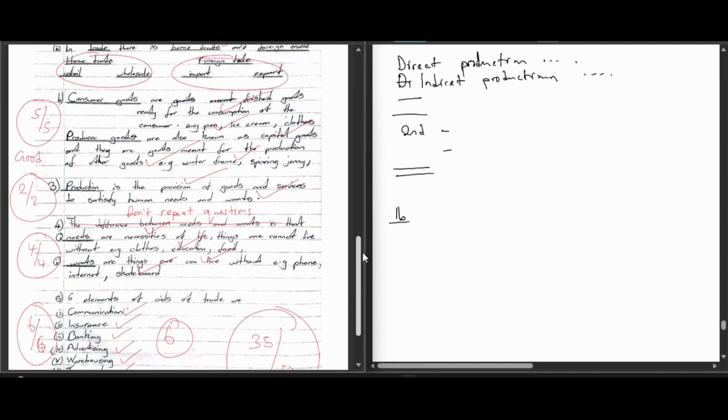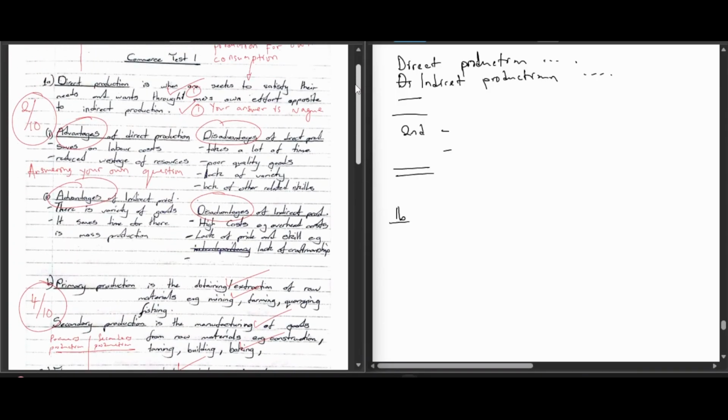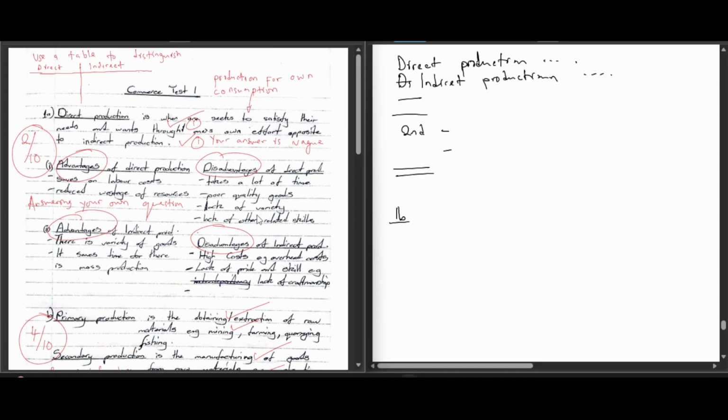But looking at all the other numbers, you answered them correctly. So what I want you to do is repeat number 1. That's your assignment. Repeat number 1 and send it so that we see if you have improved on how you present your answer when the question is about distinguishing between. Thank you.